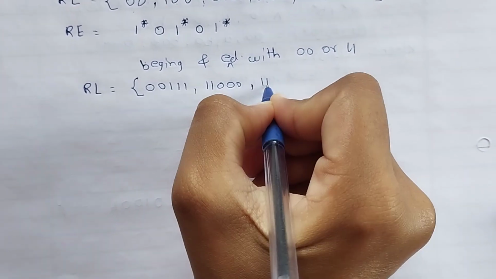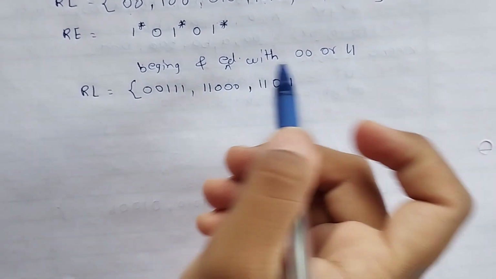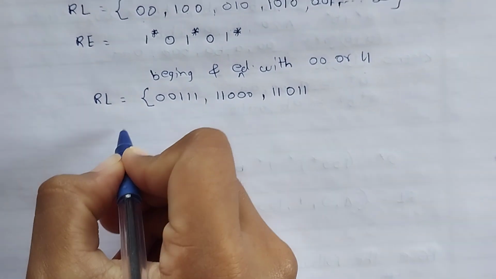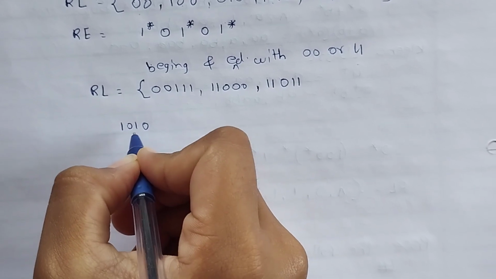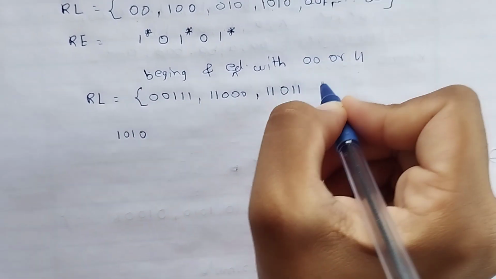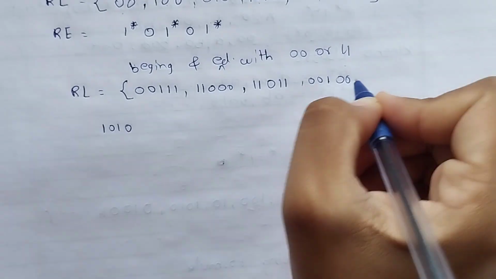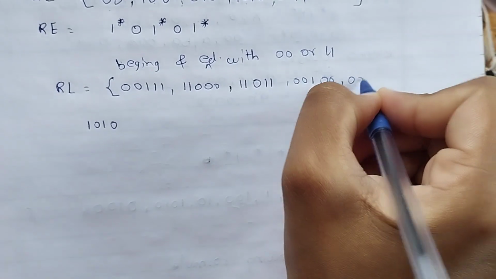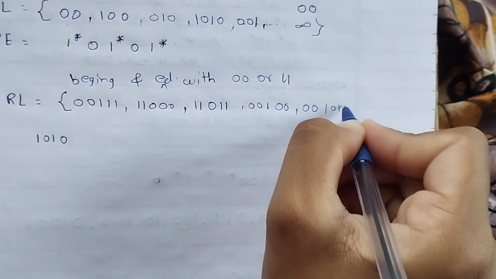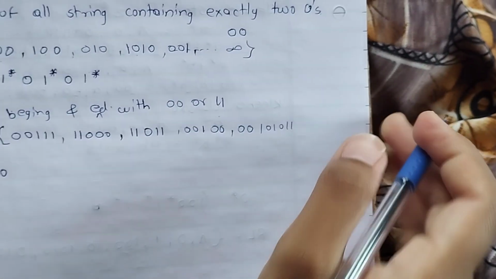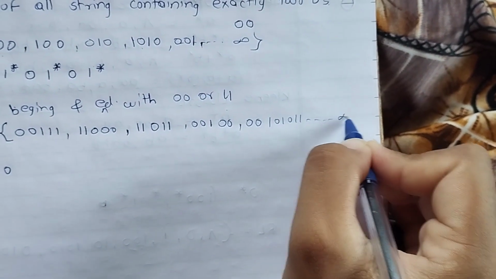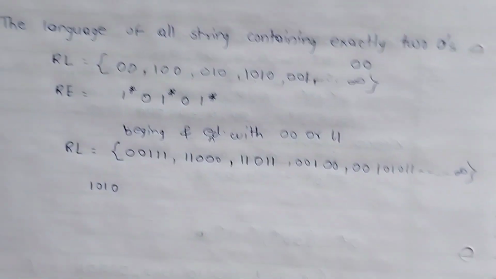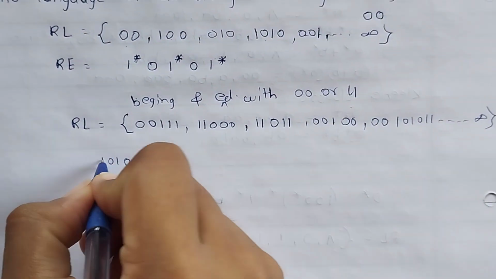Then suppose this 11011 is also allowed, because what we want is beginning and ending with 00 or 11. Here 1010 is not allowed because it does not start with 00 or 11 and does not end with 00 or 11. Then 00100 is allowed. Again, 00, then 1010, and 11 is also allowed because it starts and ends with 00 or 11. So at infinity, combinations can be formed.